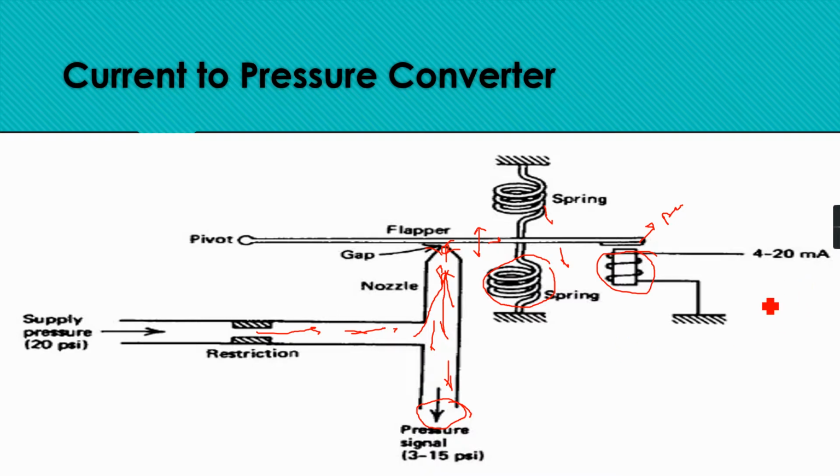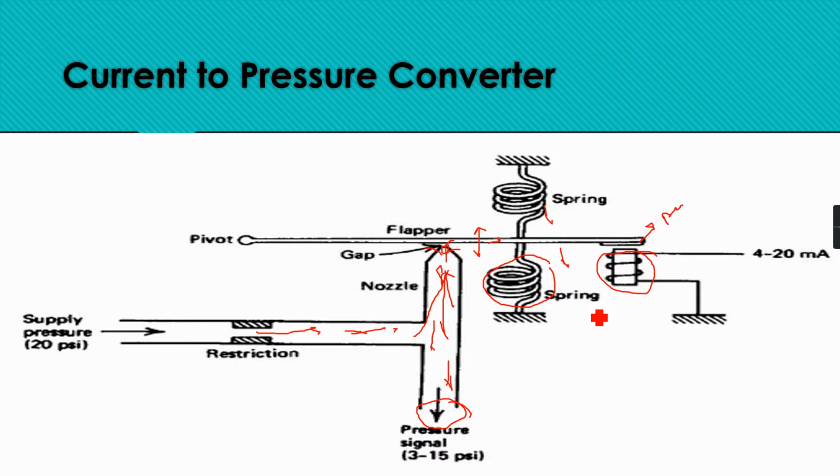When we give 4 to 20 milliampere as the input signal, as this signal increases, the strength of the electromagnet increases. The stronger the electromagnet, the more the flapper is attracted towards the downward side.